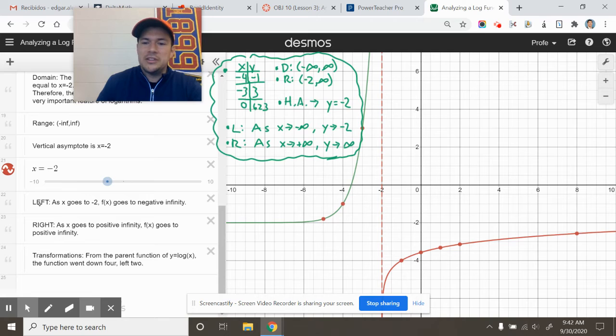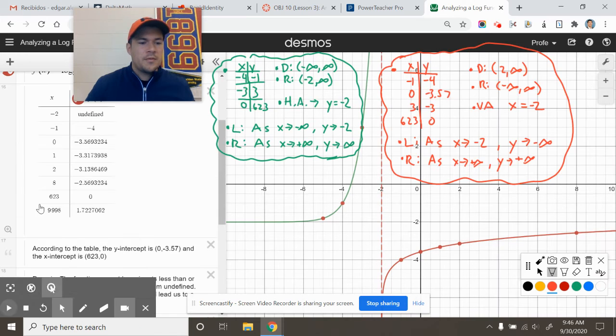So the left end behavior is as x goes to -2, y goes to -infinity, and as x goes to positive infinity, y goes to positive infinity, slowly but surely. Then transformations from log x: the function goes down 4 and left 2. So that's the information. Let's compare our analysis from exponential.